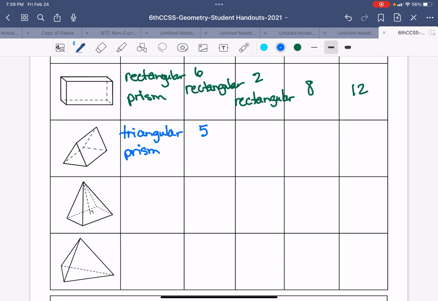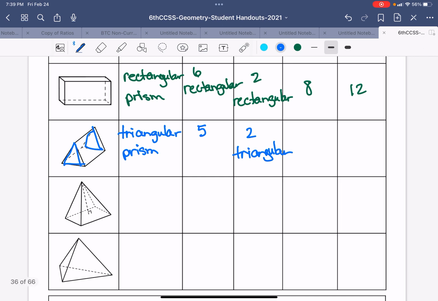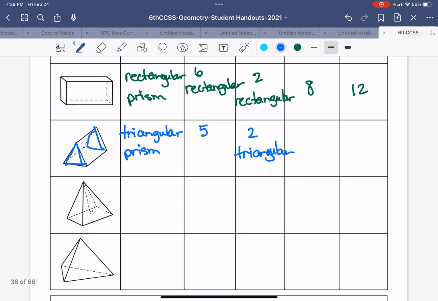What are the bases? The bases on this one are these triangles right here. So it has 2 triangular bases, but it does have rectangular faces. It has six vertices and 9 edges. Make sure you are following the directions and highlighting them the correct color.